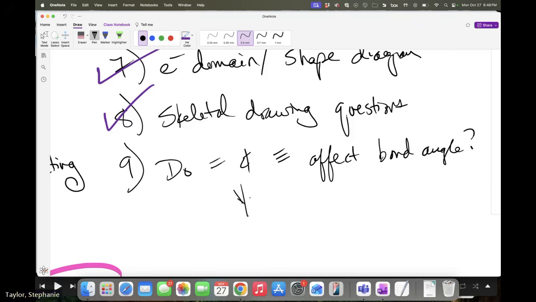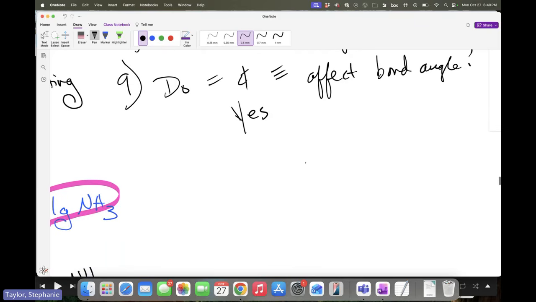Yes, they do. In general, when we talk about bond angle deviations, we usually spend a lot of time talking about things like lone pairs, because lone pairs are the things that definitely affect bond angles.